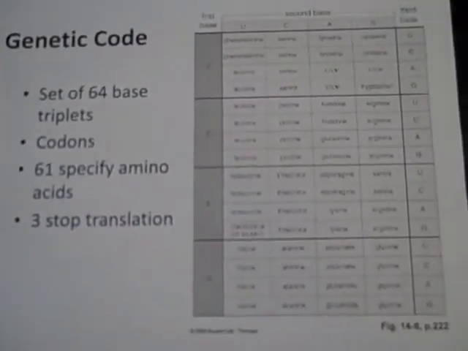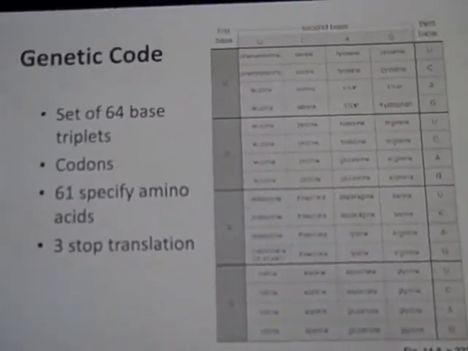Now, all of a sudden, let's say that there was a mix-up and instead it said AUC. All of a sudden, instead of having the right one, you might have something like asparagine right here, and you guys can't read that, sorry about that, but it's a completely different amino acid.